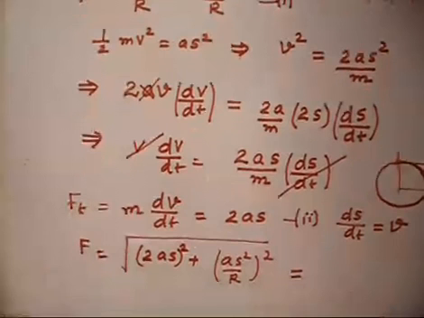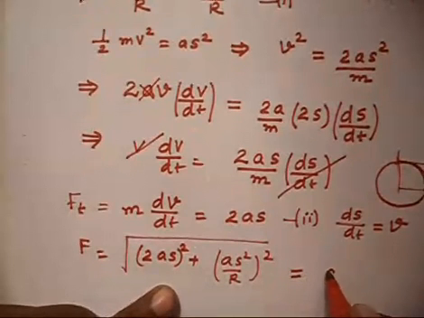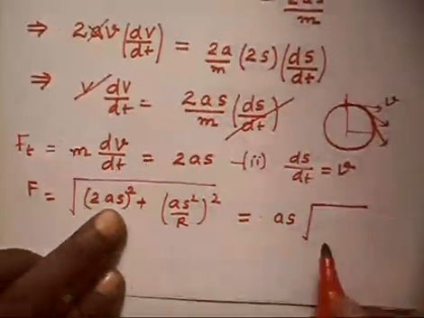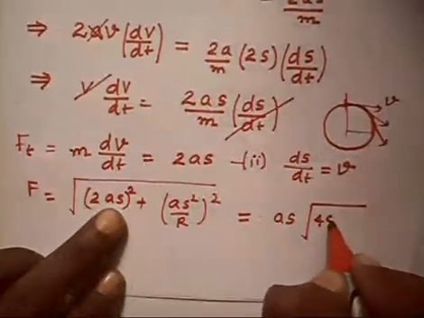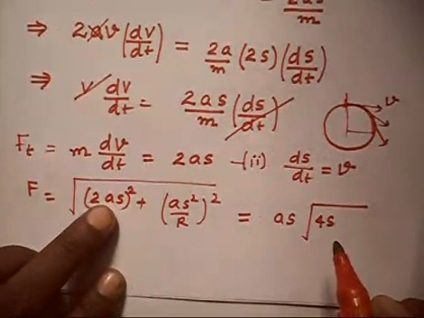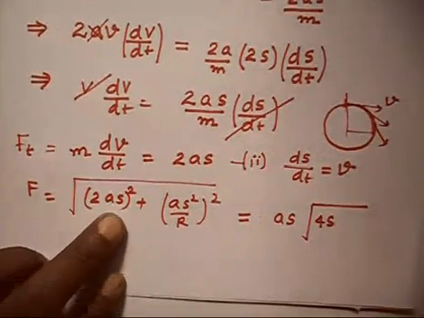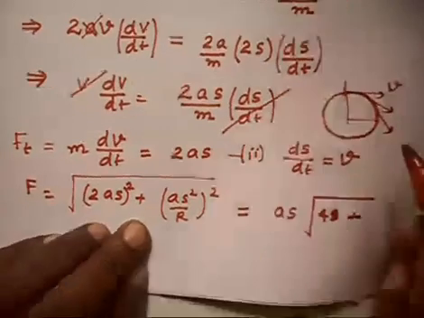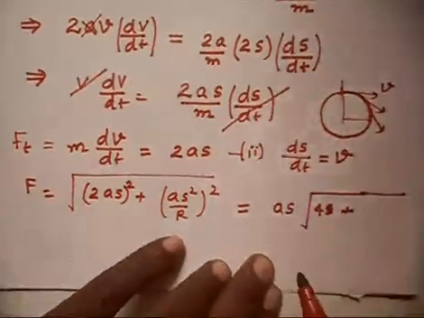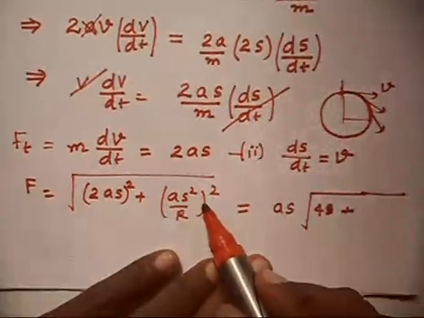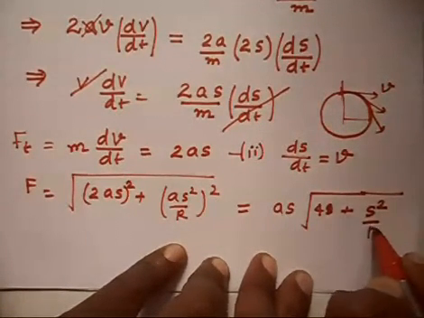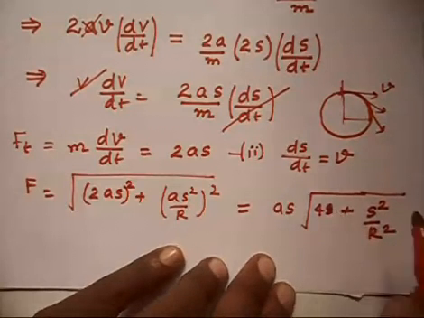Now if I take a and s common, I will have 4s square here. As is gone, so I will have simply 4 plus s square by r square.